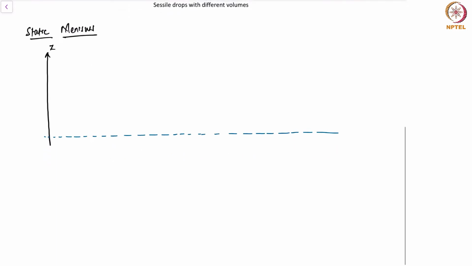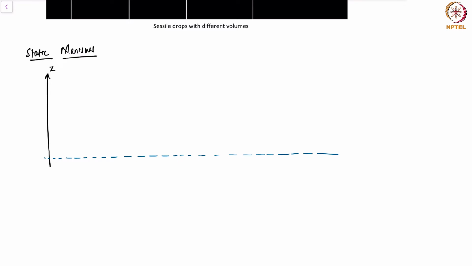So this is the original flat liquid, and the moment I dip a plate into it, let us assume that the interface deforms.